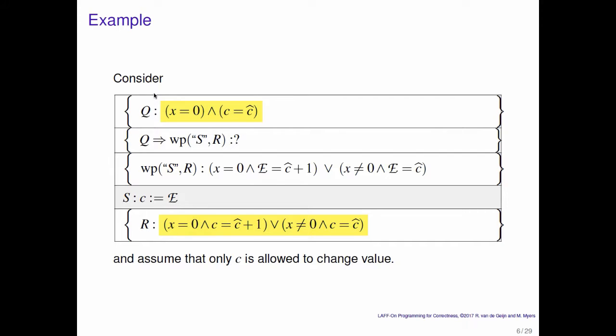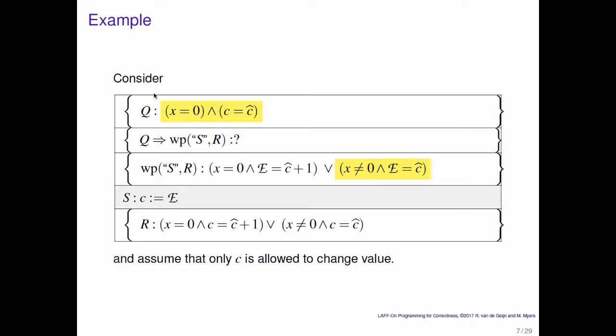And now what? Well, now you just stare at the first 3 lines of this code segment. You want to use what you know about Q and the fact that Q has to imply the weakest precondition to now determine what that expression must be. If you look at the second part of this disjunction, you kind of know that that's just not going to work, because x is originally equal to 0, x is not allowed to change its value, and x can therefore not become non-zero.